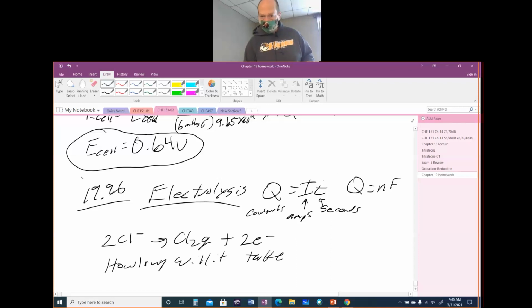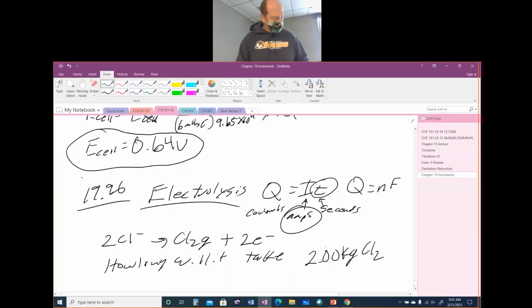Now we know that we are solving for time, how long will it take to produce 2.00 kilograms of chlorine, if the current is 5.00 times 10 to the second amps. That tells you for sure that you're using these equations. That's just simply 500 amps.